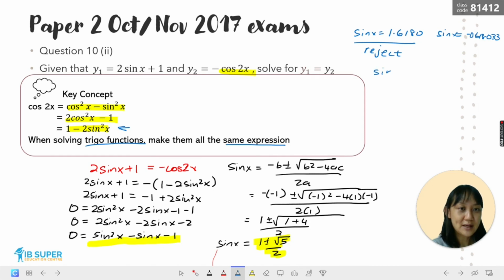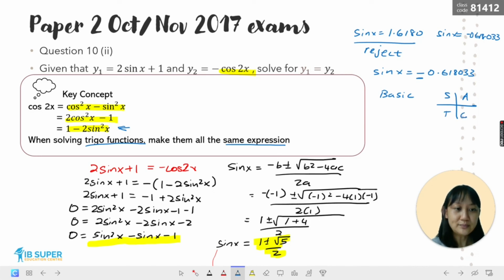So you are left with sine x equals negative 0.618033. In this example, you are not to include the minus when you find the basic angle, because we have to find the basic angle, then use ASTC. You recall your ASTC diagram, find the actual values. So we can't use the negative sign to find the basic angle.